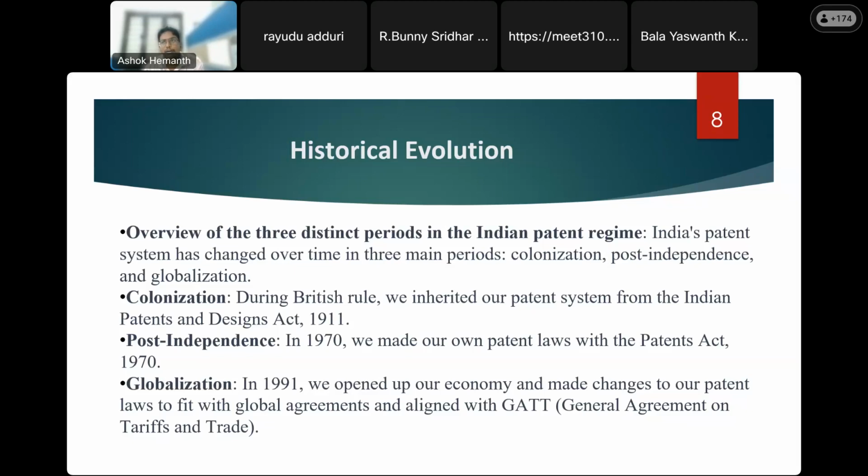In 1991, the Prime Minister was P.V. Narasimha Rao. He is from Andhra Pradesh. He brought globalization, LPG: liberalization, privatization, globalization. During that time, we opened the gates. We started accepting investment. If you want to accept investment and have trade, you should comply with international agreements.